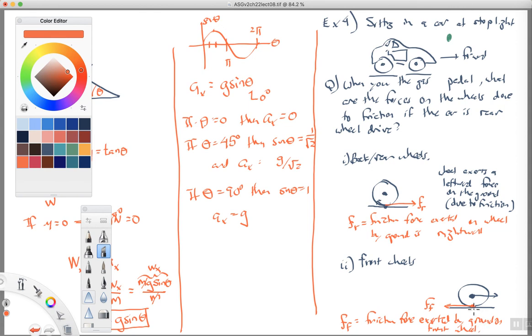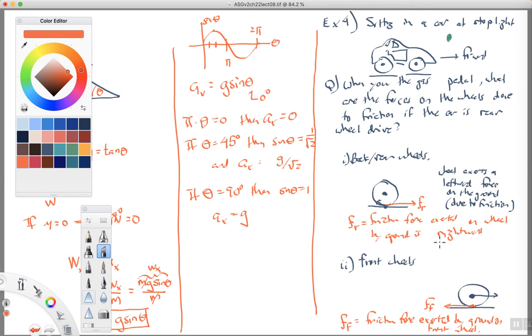Notice that the frictional force is in the backwards direction on the front wheels and in the frontward direction on the back wheels. And the idea, of course, is that this friction force tries to prevent any relative motion between the wheel and the ground. The wheel is trying to slide forward, and that friction force is aimed backward to prevent the wheel from sliding forward. Here, the wheel is trying to rotate this way because the axle is turning, so this wheel point is trying to move backwards, and the friction force is in turn pushing on it forward, trying to prevent that relative motion.